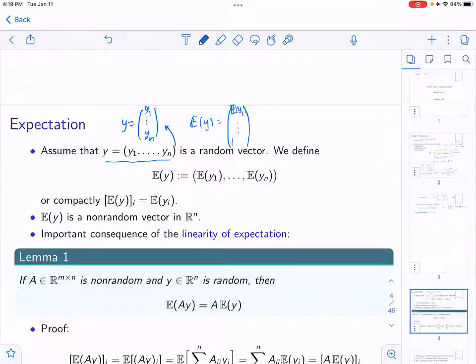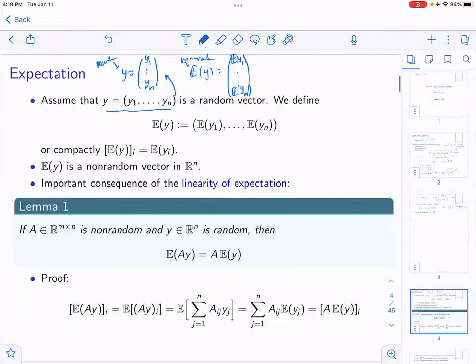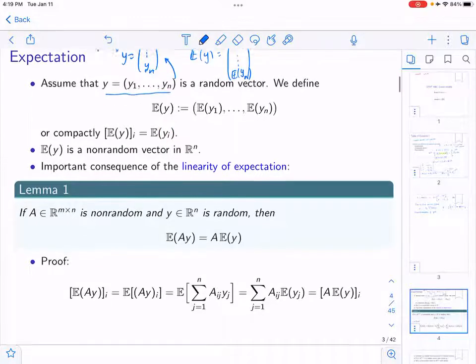So you just apply the expectation to every coordinate. So this is random. This is non-random. It's just another vector of the same dimension, but contains all the expectations. Another way of writing it: the ith coordinate of this is just the expectation of the ith coordinate of Y. So this is a compact way of writing the same thing.